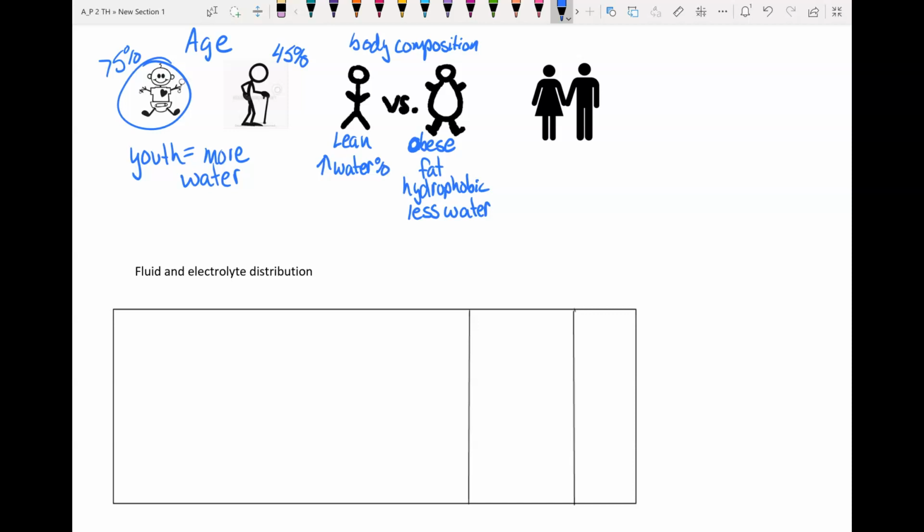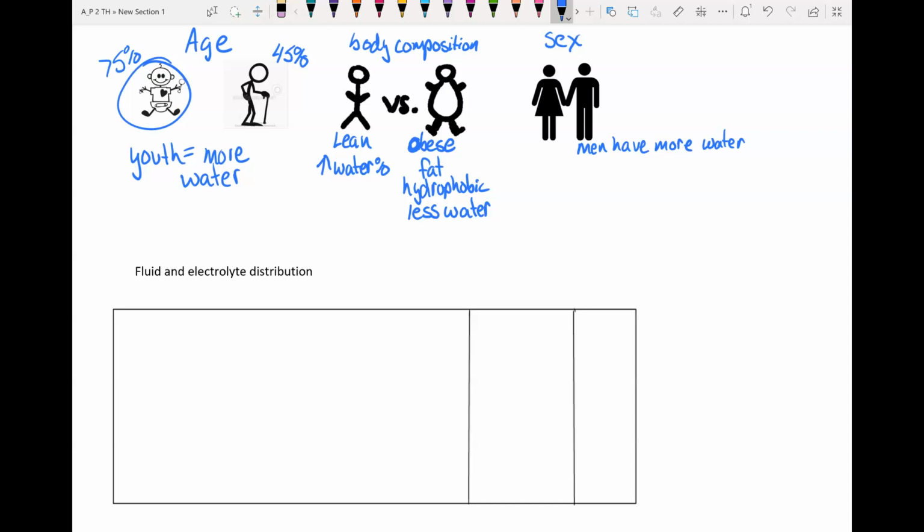And then the last one is sex. And in this case, men have more water. If you take a man and a woman that are the same age and either both lean or both obese, so that you have an apples to apples comparison there, the man will have more water.